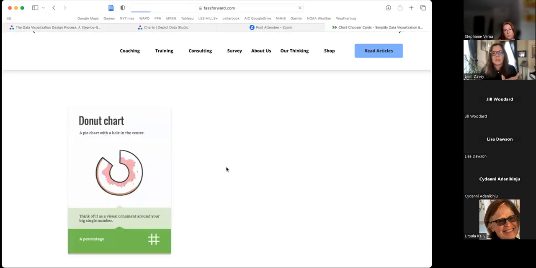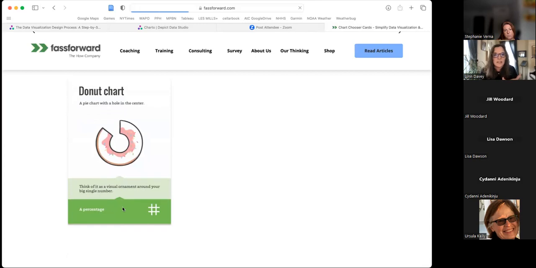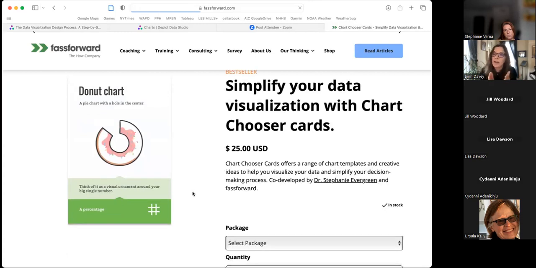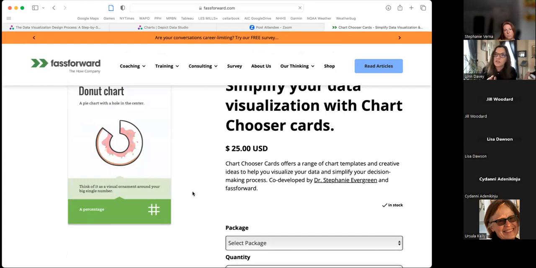They're a stack of cards, and they have these things like, what do you have to do? Do you have to compare things? Do you have to show things over time? If you compare things, there are 5 green cards that show you all the different charts you can use to compare things. Changes over time are purple, and 5 charts.